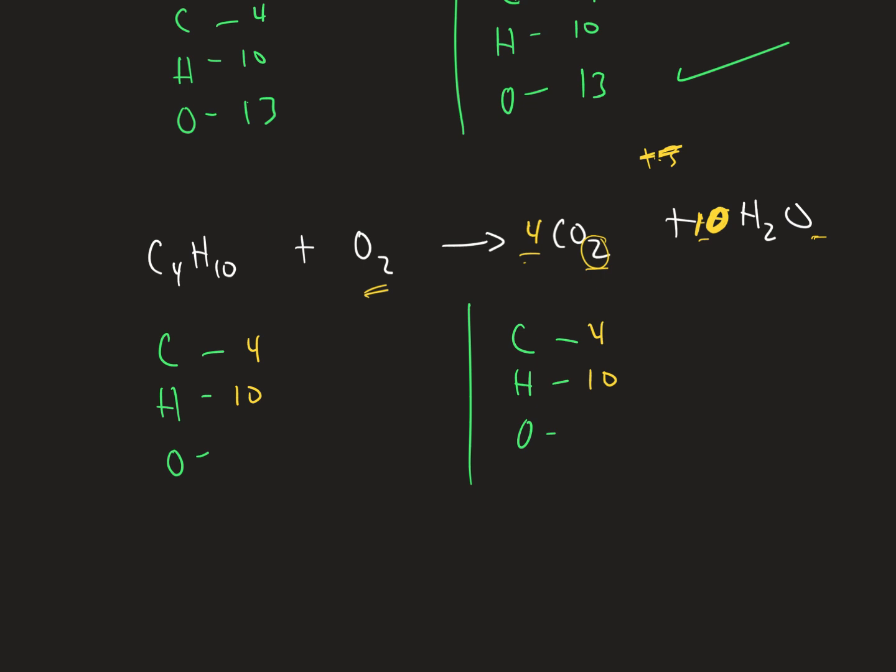Does that make sense? That's going to be an even number. And if we do that, we have to multiply this side by 2 because we just changed the carbon. Do you get that? Then when we add this, we get 16 plus 10, that's 26. What times 2 is 26? And we get the exact same thing.